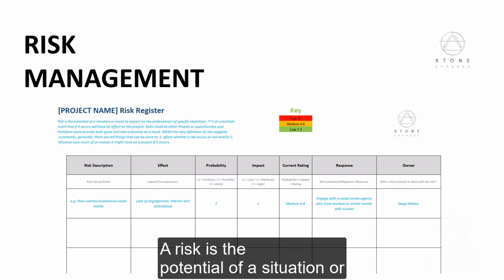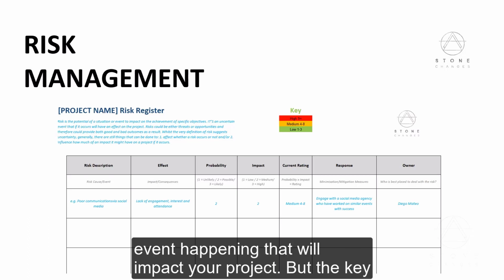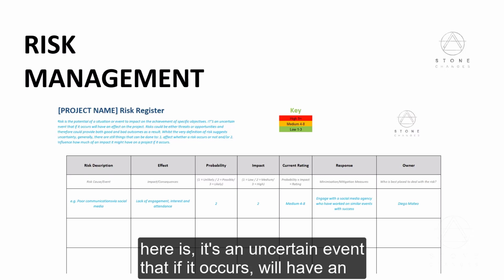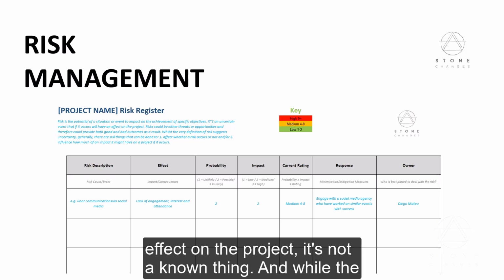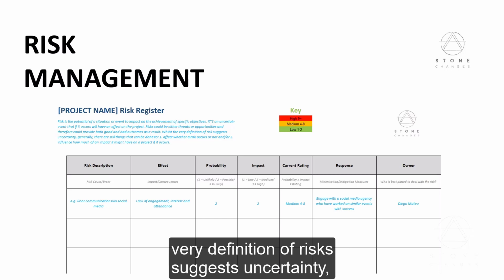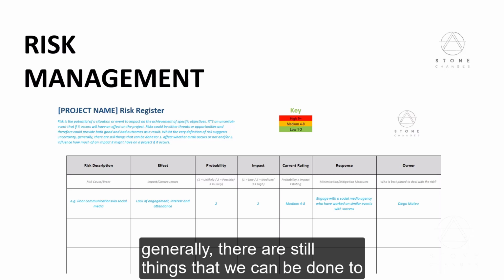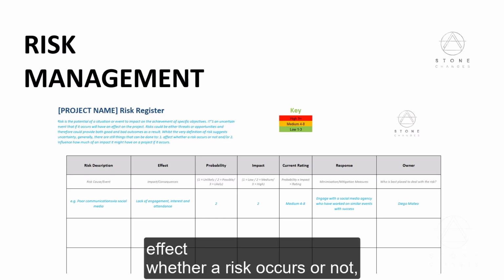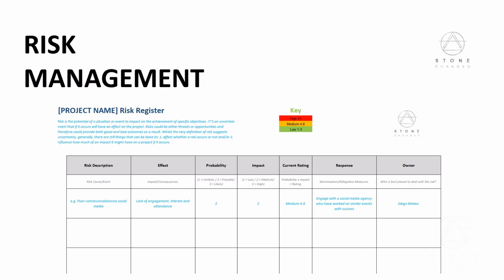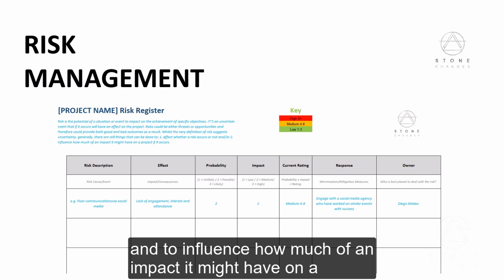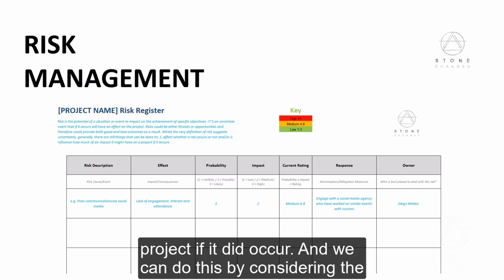But risk is essentially the potential of a situation or event happening that will impact your project. But the key here is it's an uncertain event that, if it occurs, will have an effect on the project. It's not a known thing. So whilst the very definition of risk suggests uncertainty, generally there are still things that we can do to, one, affect whether a risk occurs or not, and two, influence how much of an impact it might have on a project if it did occur.